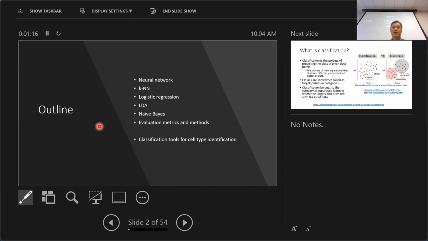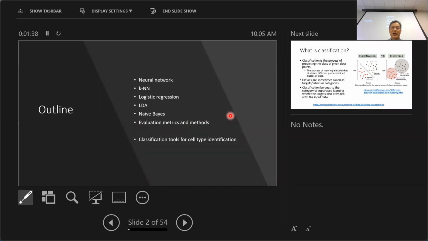That's not a good indication of your classification approach. At the end, we will discuss some of this cell type identification and classification problems, and use them in single cell data.